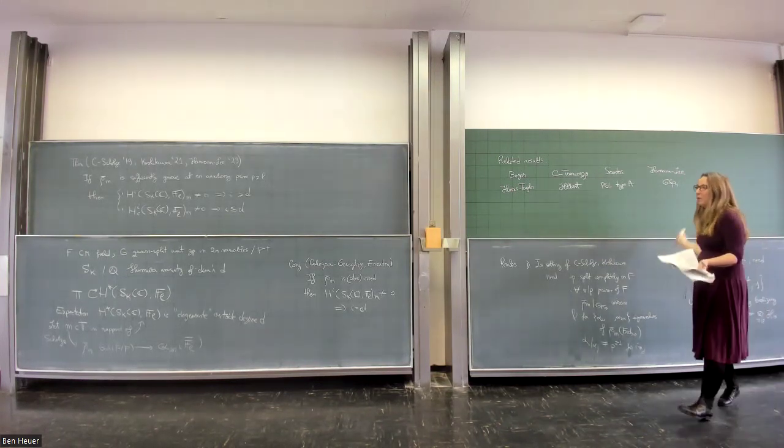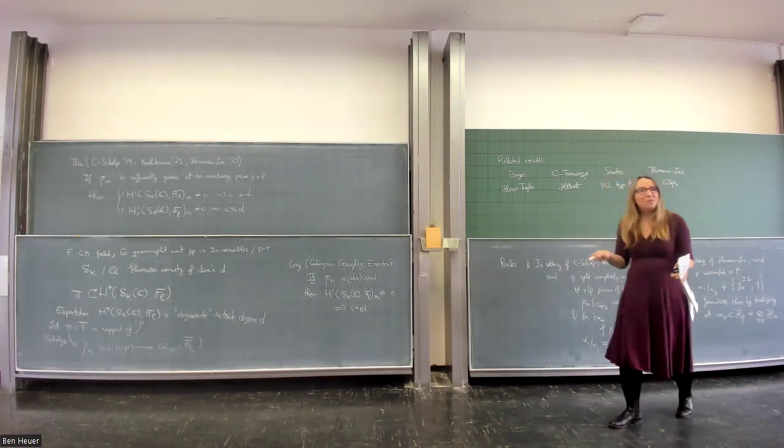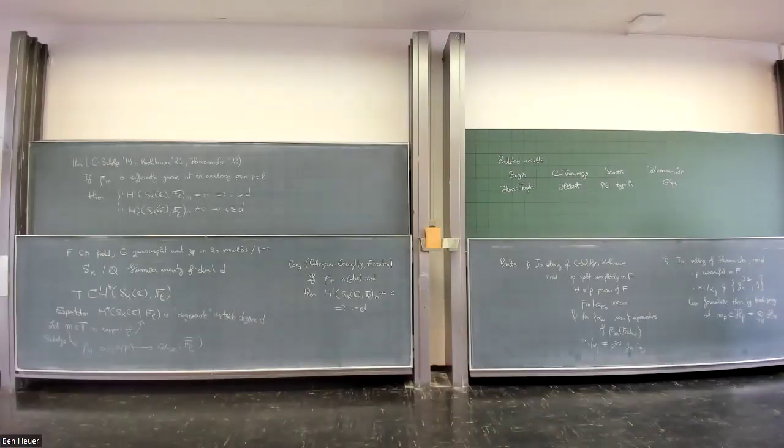They work with basically PEL Shimura varieties and also some cases of abelian type Shimura varieties, and they have maybe some extra restrictions, but the key thing is that they need to make use of this compatibility.